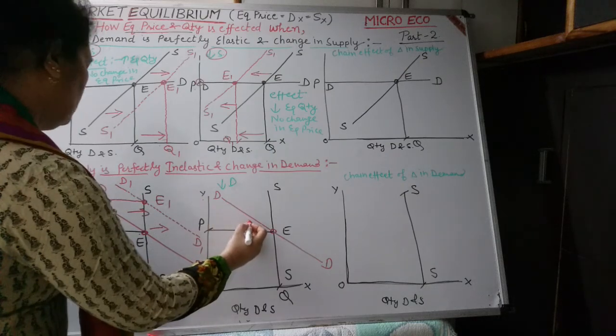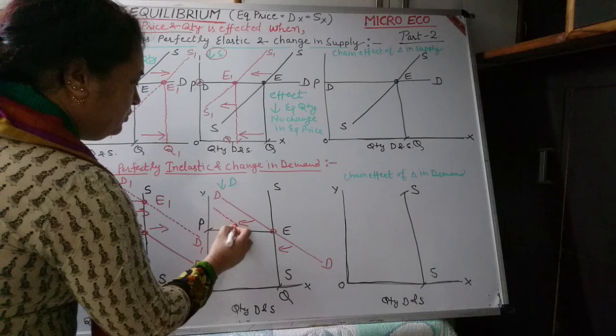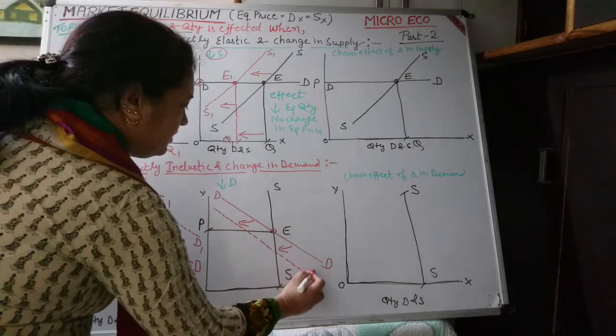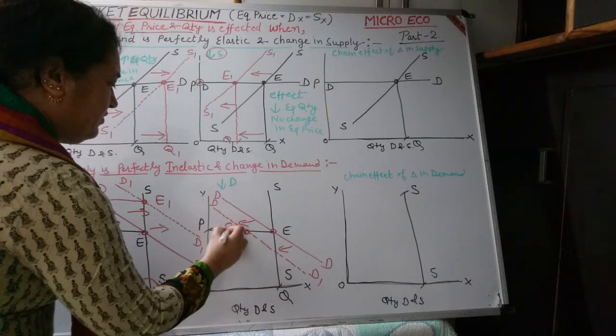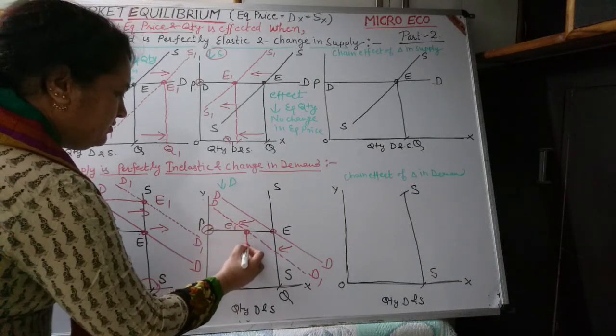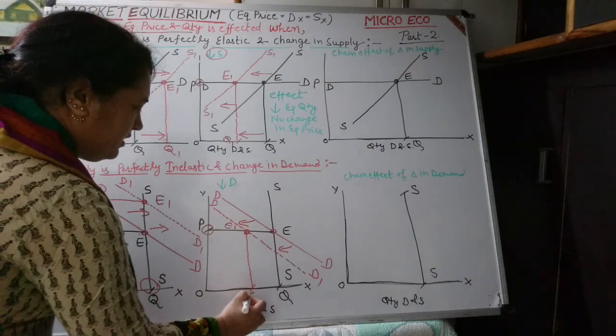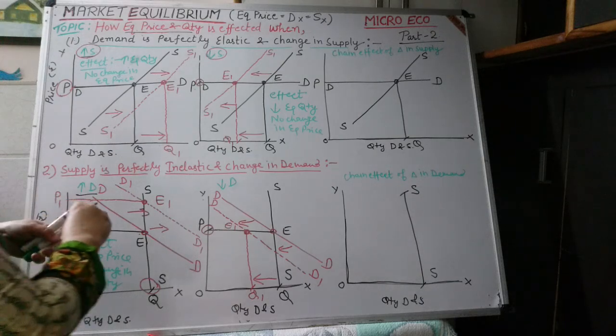Decrease in demand means the demand curve shifts towards the left-hand side from DD to D1 D1. The new equilibrium point will be E1. The new equilibrium price will remain the same as it is, OP. Rather, the new equilibrium quantity will diminish from Q to Q1.